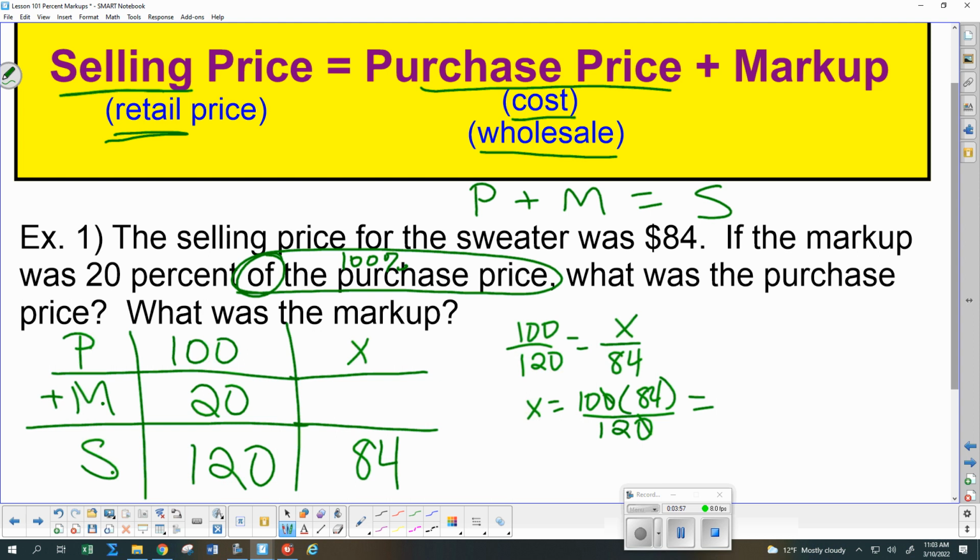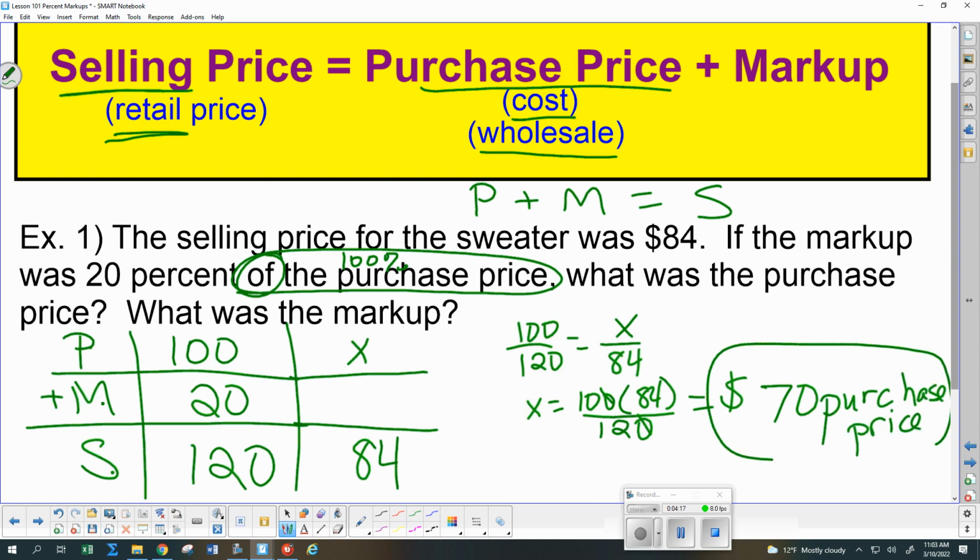Is that what you got, Ricky? So 70, and thank you for remembering to label that in dollars. And then I need words to label what's what. So $70 purchase price. And not just a P equals, I want actual English words.